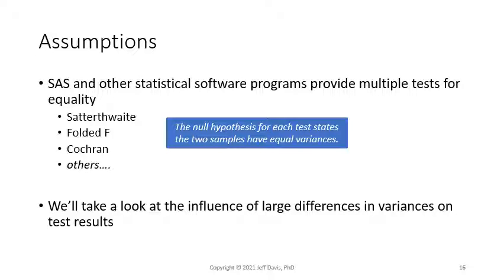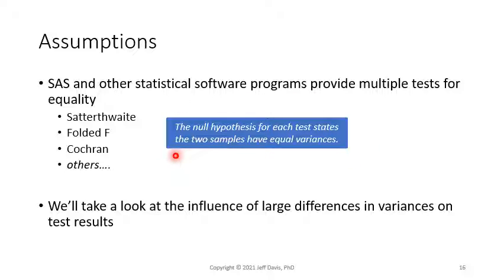Just a note here. SAS and other statistical software programs have multiple ways of testing for equality of variance. In pretty much all of the tests, I can't think of a test that's different, but just in case there is some test out there that's different, pretty much all of the tests run with this null hypothesis.